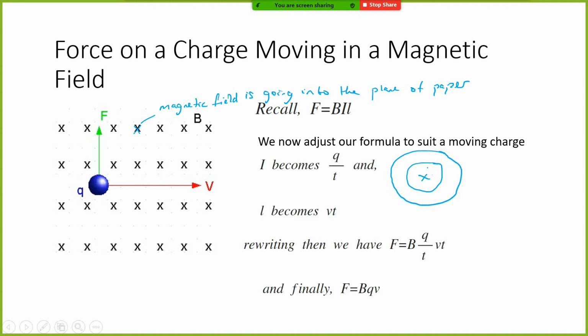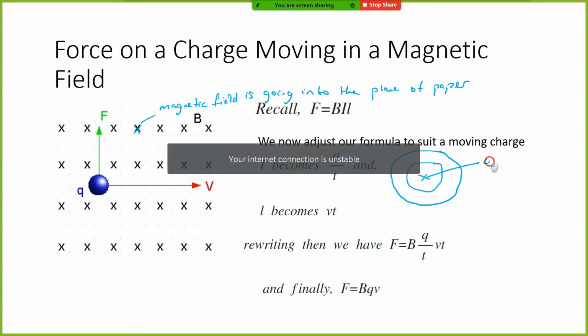To map out the magnetic field around this wire, we would use the right-hand grip rule, where an X in the center means that the current is going into the paper. So this X means current into the paper.